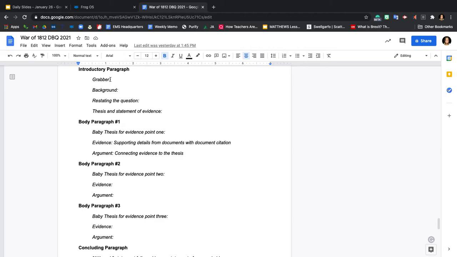So I might include something about that in my grabber. So for the grabber, I'm going to note that this should be something interesting to make my reader want to know more. A hook.